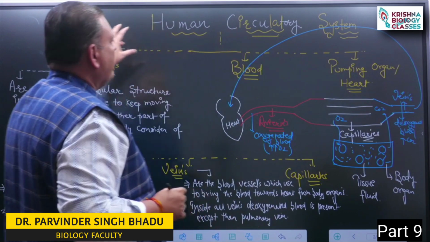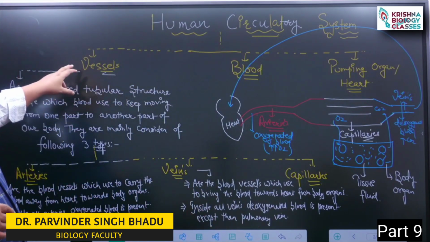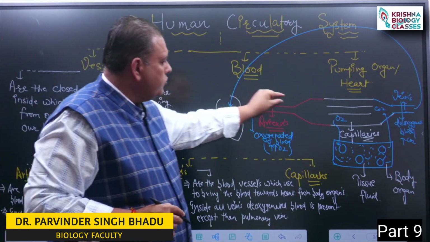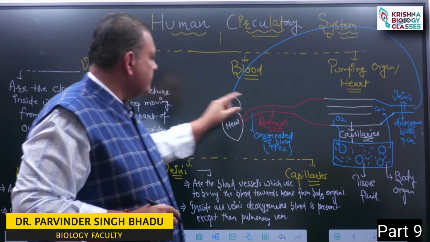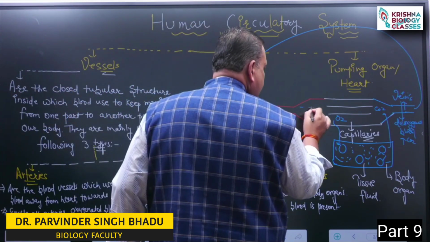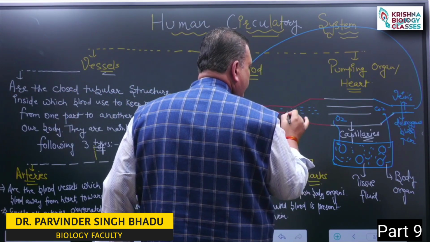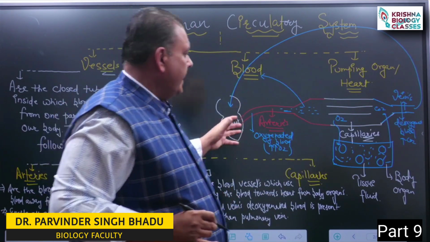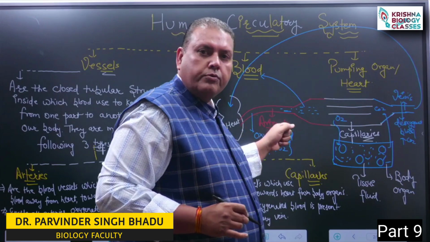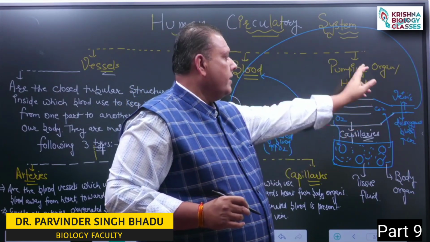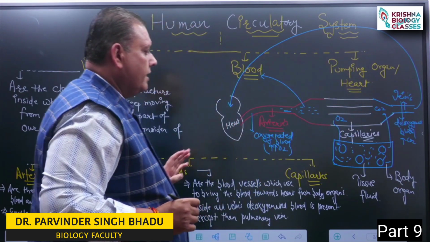So the major components are closed pipe-like structures named vessels, a liquid present inside these tubes named blood, and a pumping organ which plays an important role in the movement of this blood inside the blood vessels, named our heart.